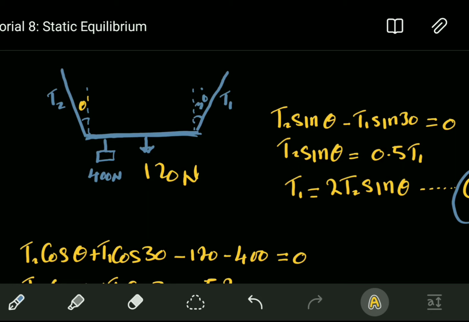If this board has a length of L, then its center of mass is at L over 2. And the 400 newtons weight is located at L over 4.